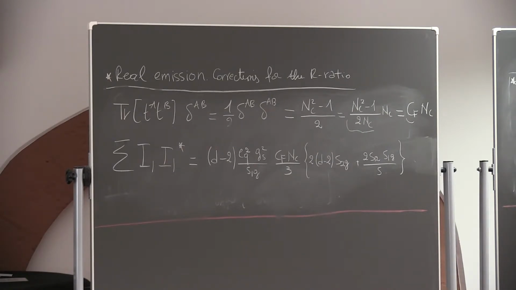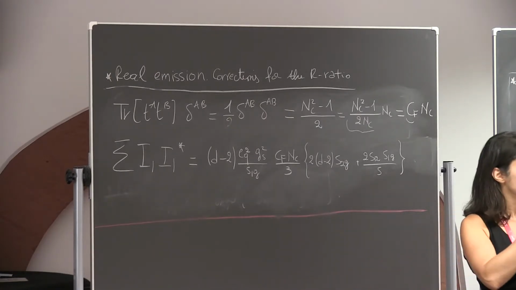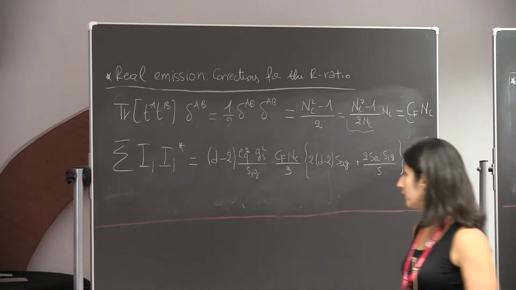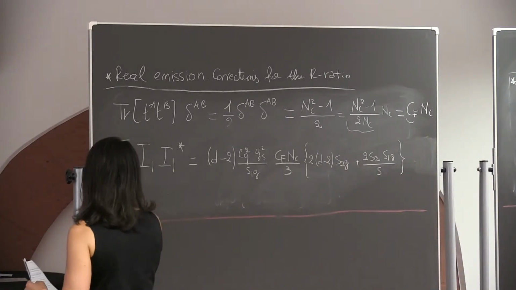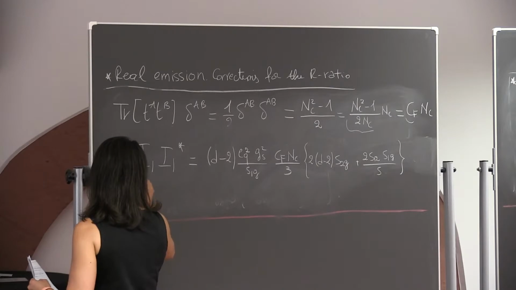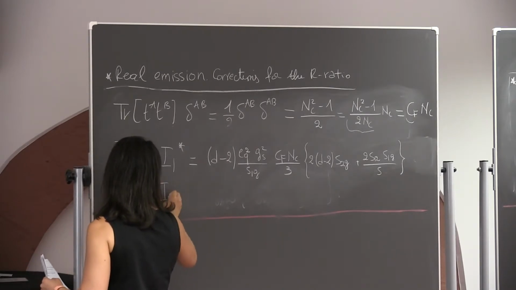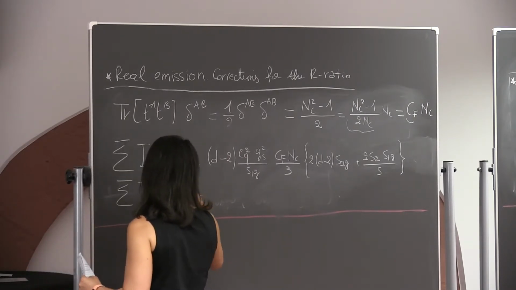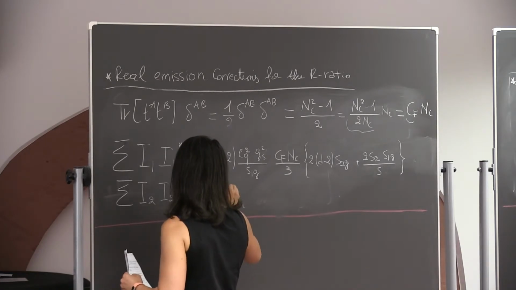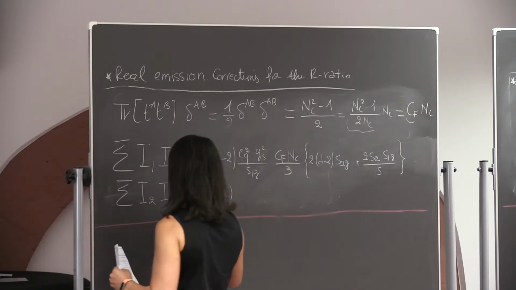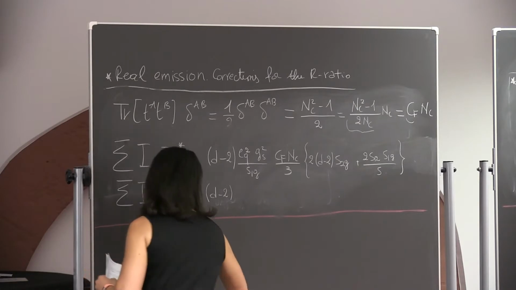All these calculation steps, you get something simple at the end of the day. Now, I2 times I2 star is related to I1 star by just interchanging 1 and 2, P1 and P2. So you can write it immediately. Let me just first write.